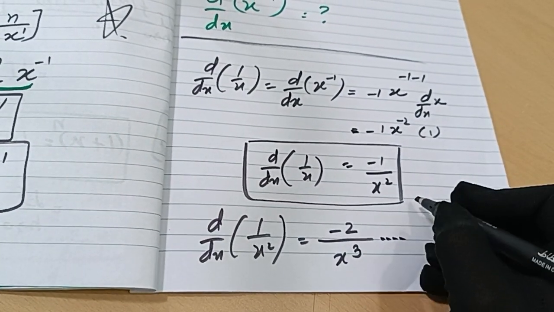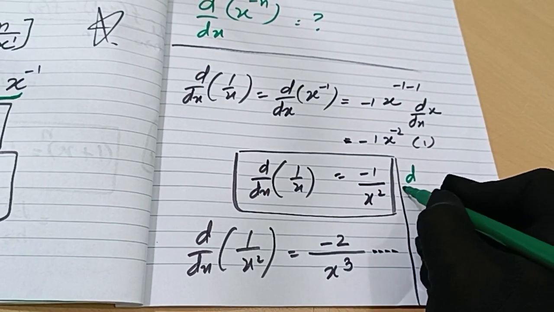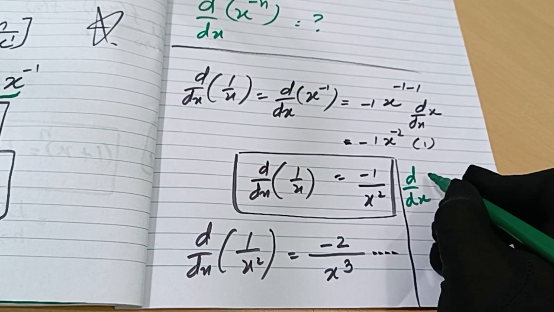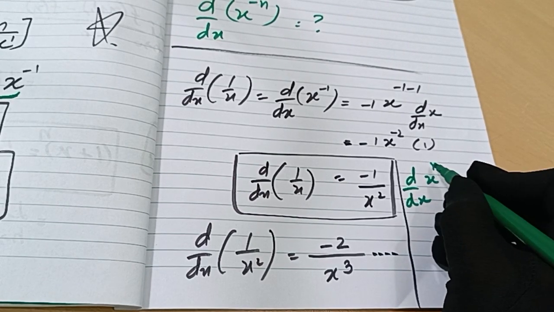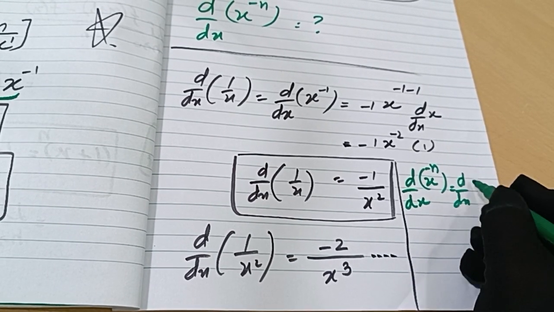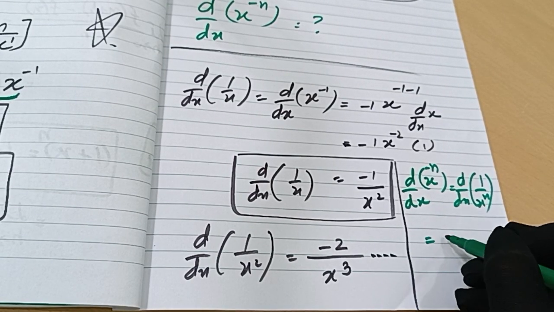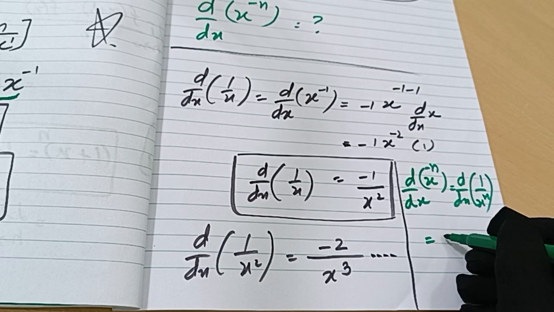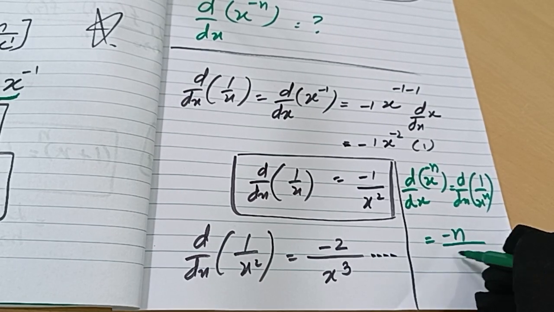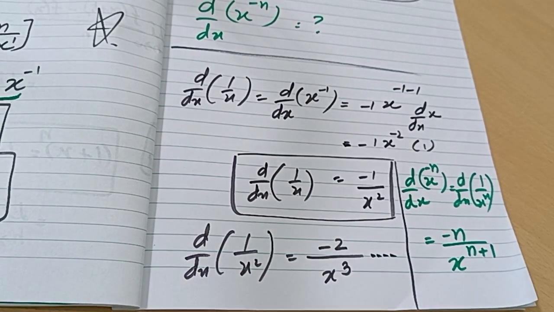Continue in this process. You can derive a relationship for your own convenience: the derivative of x to the negative n, or the derivative of 1 over x^n, is minus n over x power n plus 1.